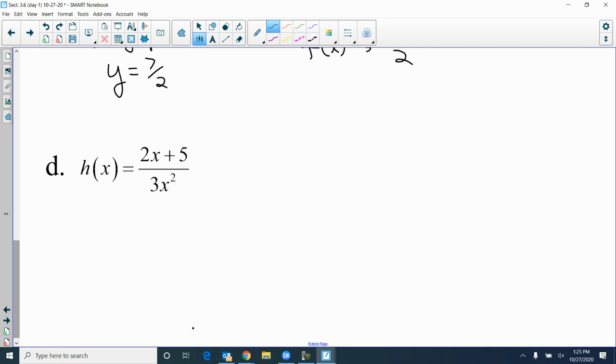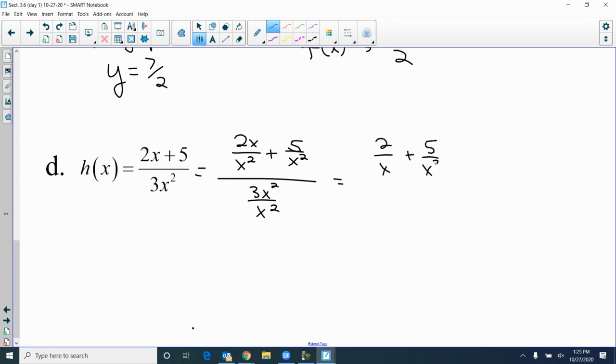Divide each piece by x squared. 2x over x squared plus 5 over x squared. 3x squared over x squared. So we're just reducing everything, dividing everything by x squared. All right, now that gives me 2 over x, because that reduces, plus 5 over x squared. And the denominator reduces to a 3.